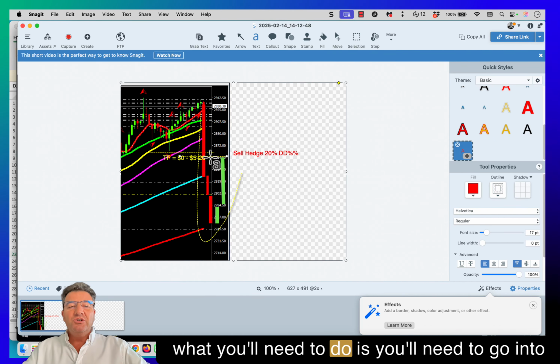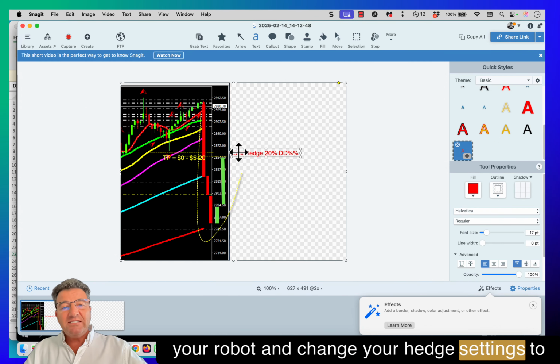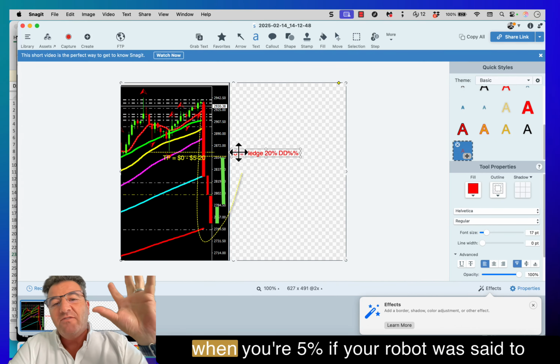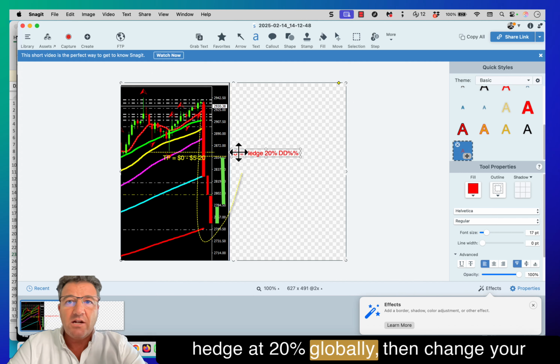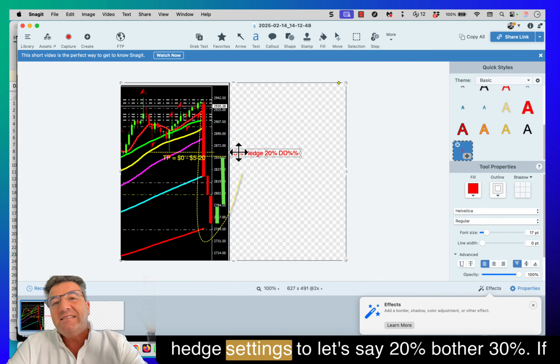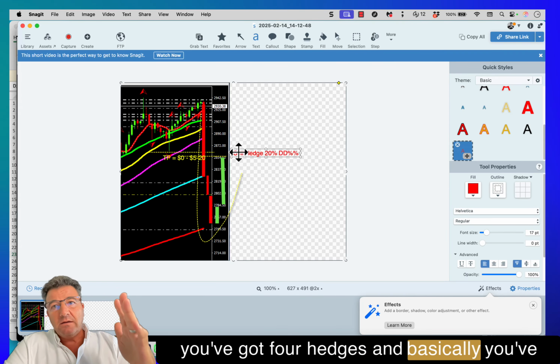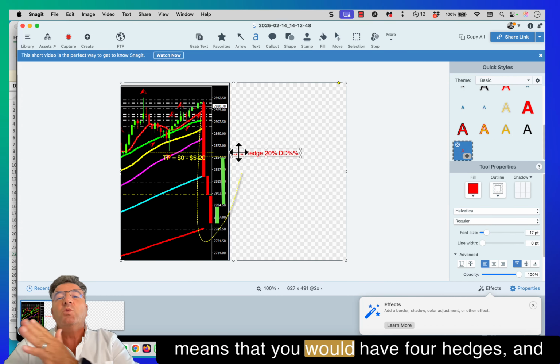So what you'll need to do is go into your robot and change your hedge settings to a higher hedge percentage. Just make it like 25%. If your robot was set to hedge at 20% globally, then change your hedge setting to, let's say, 25 or 30%. If you've got 4 hedges, and basically you've set your robot up to hedge on each chart, it means that you would have 4 hedges.